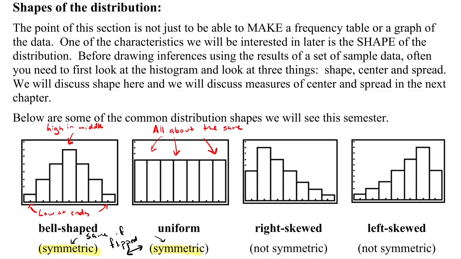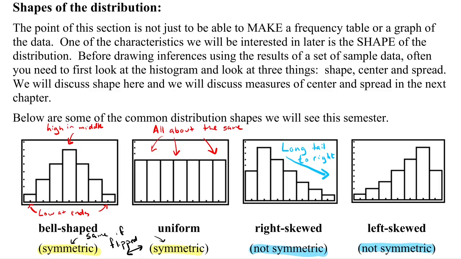We also have two shapes that are not symmetric. And when we're looking at shapes that are not symmetric, the biggest thing we're going to look at is which direction they're skewed. We say that our distribution is right skewed if we have a long tail to the right.